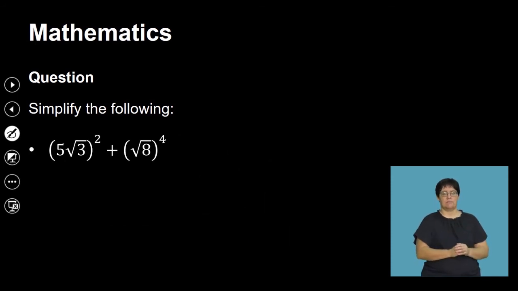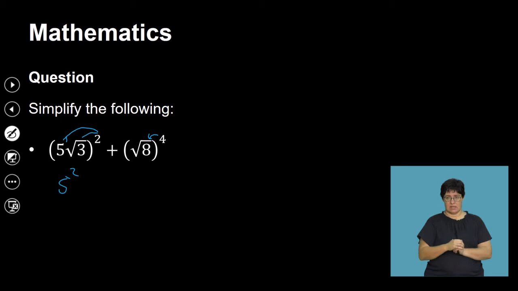Another one will be, remember the first law we looked at, we said we distribute this, even that we distribute it there. So this will be 5 squared. Remember the operation in between there is multiply, and this will be the square root of 3 squared, and then plus the square root of 8 to the exponent of 4.